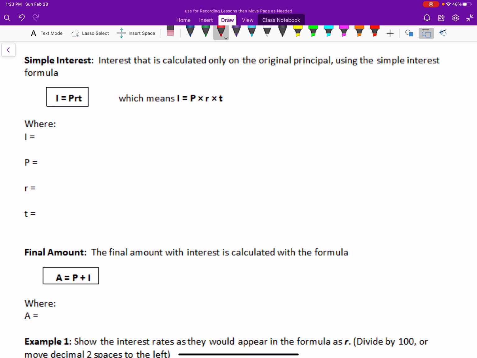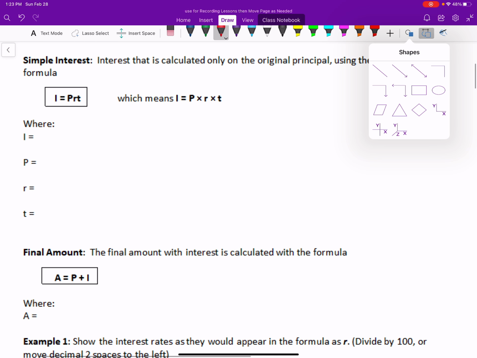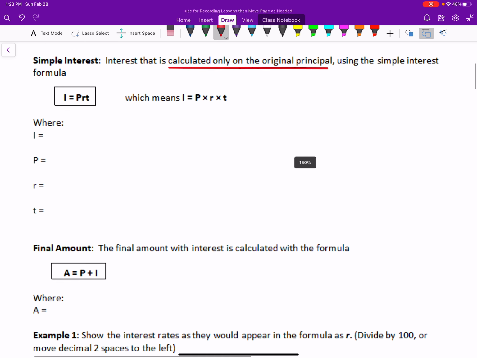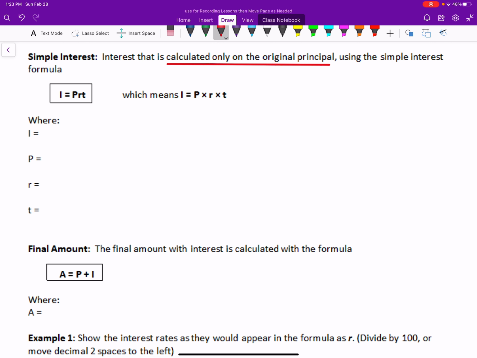Simple interest, which is the best way to begin thinking about it, is interest that's calculated only on the original principal. And we need to know what the word principal is, so let's just define that right now.